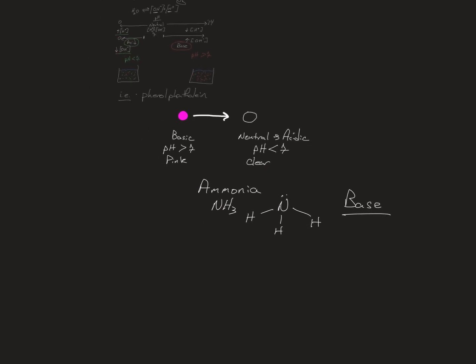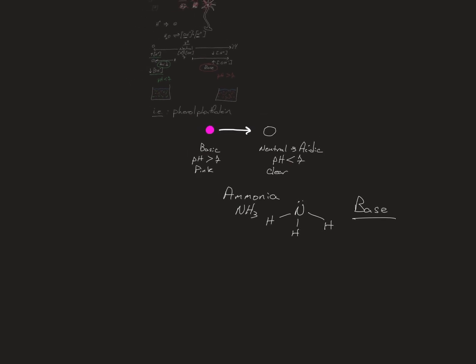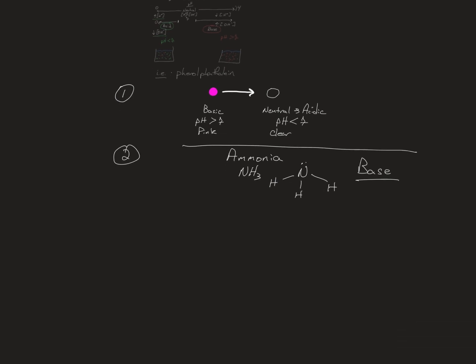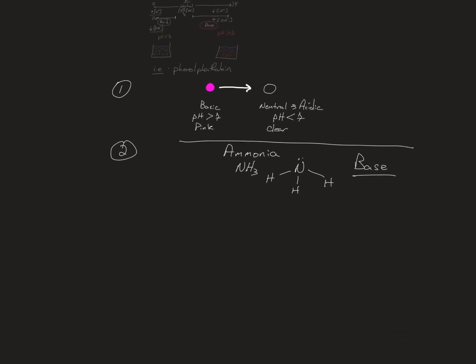What it does is it takes the H pluses out of the solution, leaving the OH negatives in there. And so that's what we call a base. In ammonia, phenolphthalein is going to be pink. So step 1, we have an indicator that is pink when it's basic in the solution. Step 2, we have a basic solute, NH3. It's a molecule that's basic.